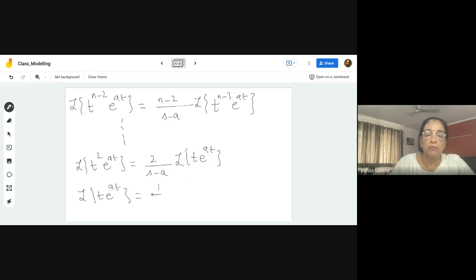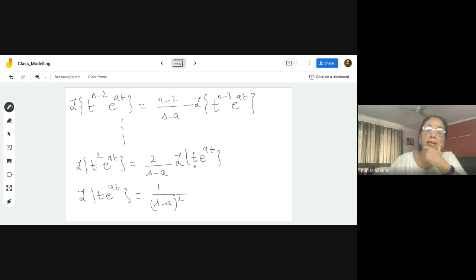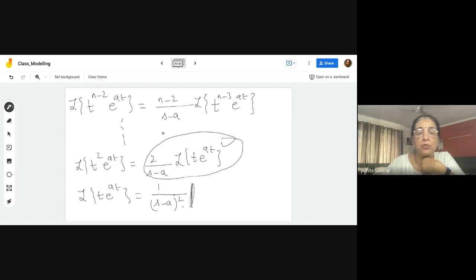What was that? 1 upon s minus a whole squared. We proved that just now at the very beginning. Yes, ma'am. Now substitute back. Substitute this value that you have obtained here. Then whatever you get, substitute in the previous, and so on and so forth. When you substitute back, you will get the answer that we were to prove.